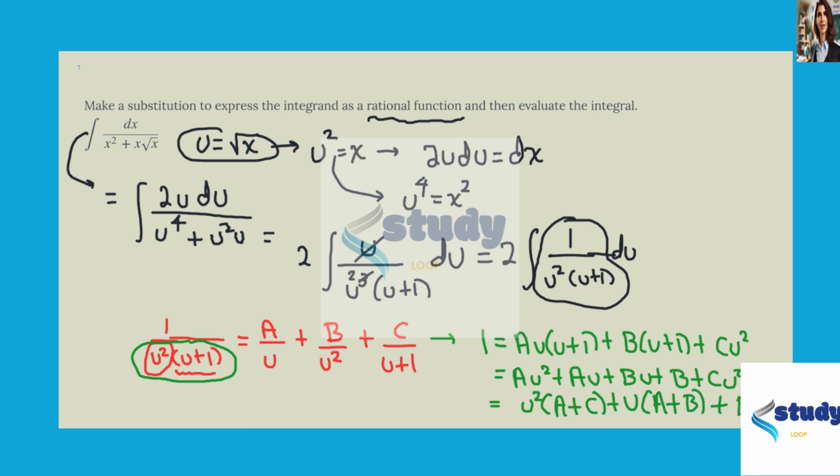And this is where we'll get our system of equations. On the right, we have an a plus c in front of the u squared, but there is no u squared on the left. That means a plus c is 0. Similarly, a plus b is 0. And then we must have b equals 1, the constant terms. So that's a 3x3 system. Let's go to the next page to solve this.